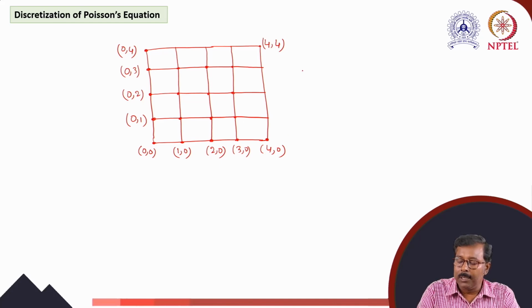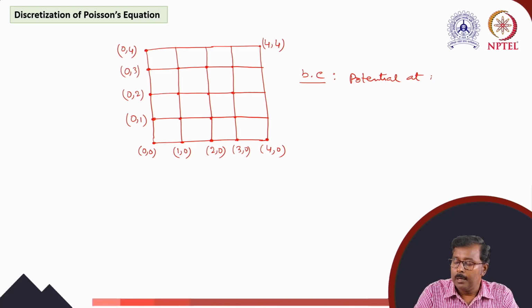So this is the boundary condition: potential at two boundaries is 0.